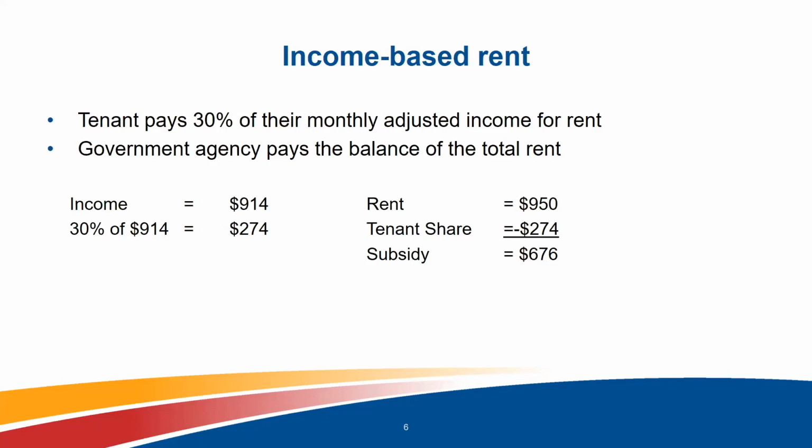If the rent for the unit is $950, for example, the tenant will pay $274, and the agency administering the program pays $676, or the difference between $950 and $274.